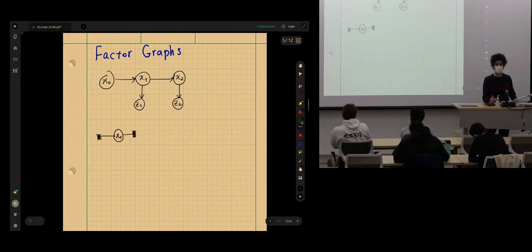And the factors describe the relationship between variables. Unlike the previous graph, this graph is not directed.